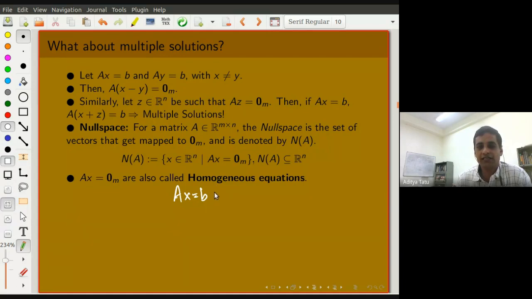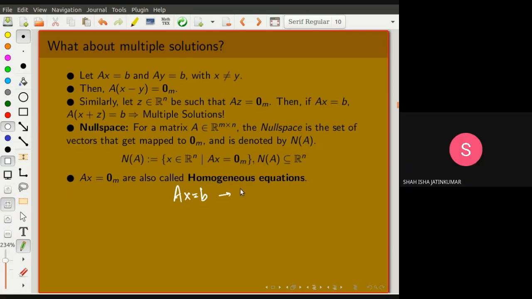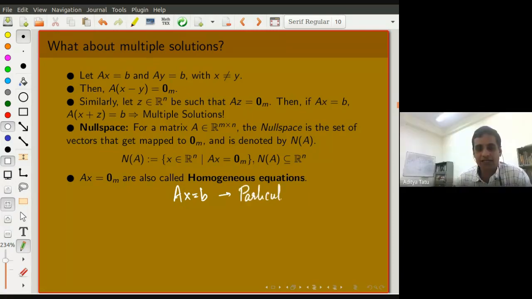You recollect? Non-homogeneous equations. I think at least I used to call it particular solutions. I don't know if you have come across this term or not. Anyways, this is basically the same thing.